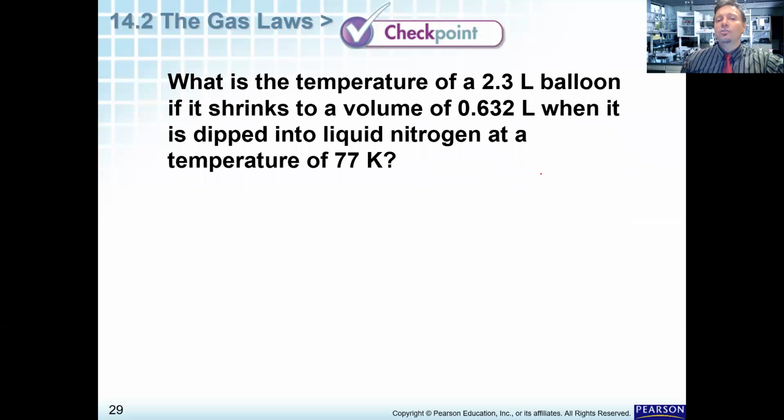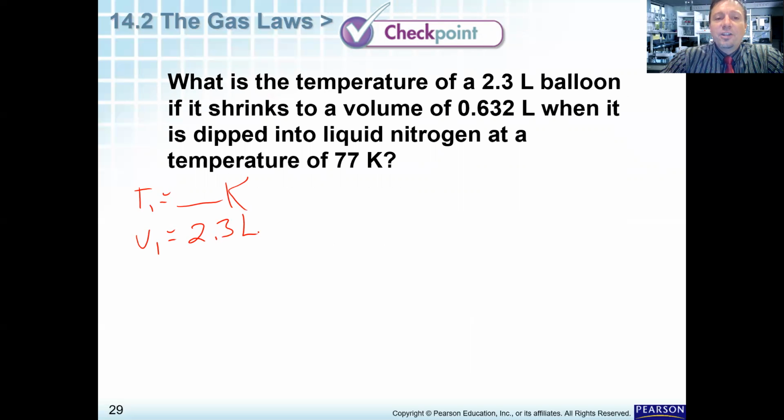All right, let's take a look at this quick problem here. So what is the temperature of 2.3 liter balloon? So we have here, I'm going to start writing down my variables. So it says temperature 1 equals blank Kelvin. I don't know what that is, but I do know my volume 1 equals 2.3 liters.